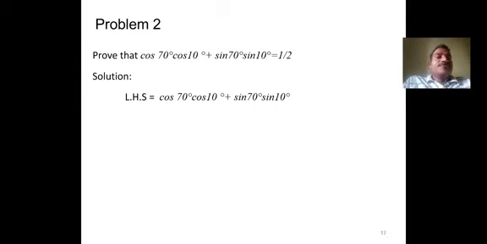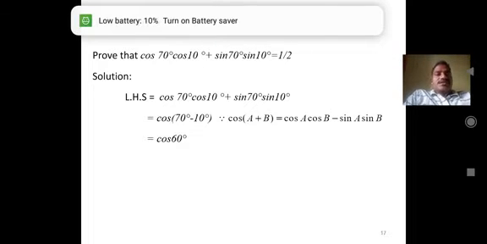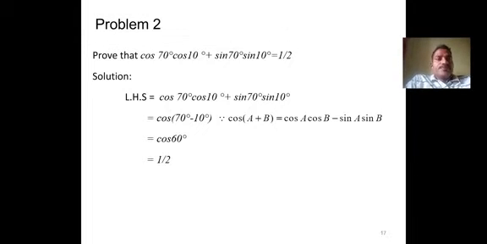It is in the form of cos A cos B plus sin A sin B, so we can apply the cos of A minus B formula, where A is 70, B is 10. Therefore cos of 70 minus 10, cos 60. Cos 60 value is 1 by 2. So it is plus 1 by 2.